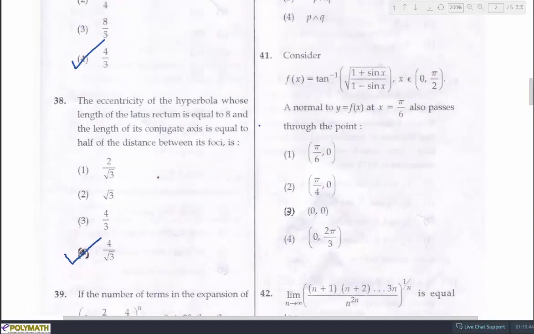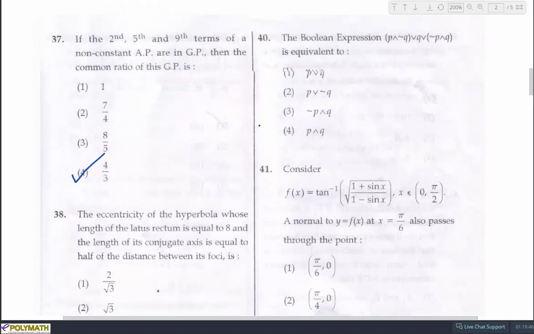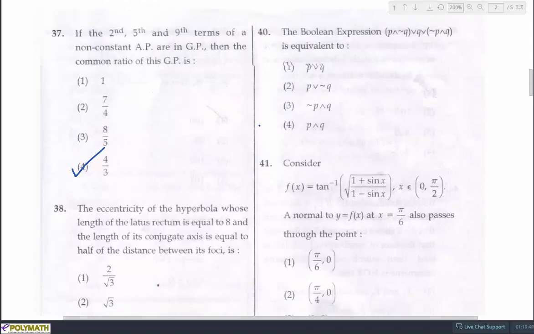Now, let us see the mathematical reasoning question. It can be easily solved using mathematical reasoning only, but it can also be solved using Venn diagrams, by converting the statements in the form of sets.